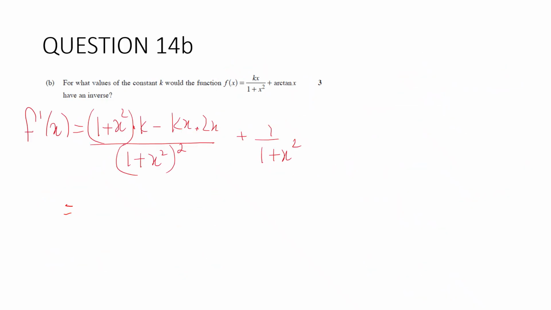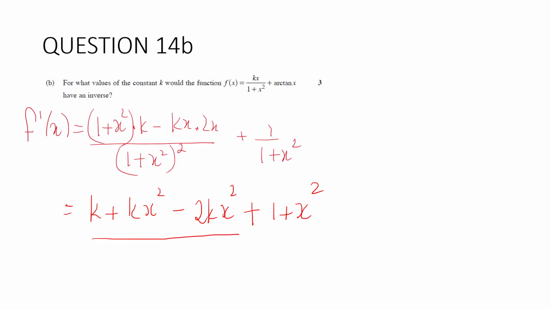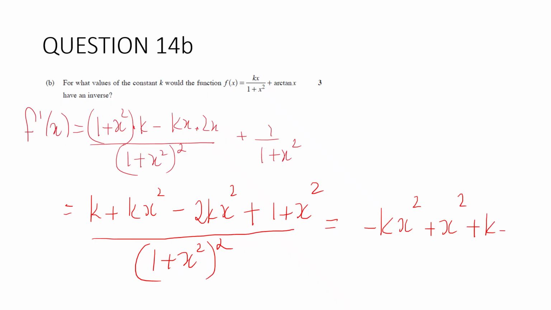We end up with k plus kx squared minus 2kx squared, and I'm going to make a common denominator, so plus 1 plus x squared all over 1 plus x squared all squared, which is equal to, what have we got here, kx squared minus 2kx squared, so that's minus kx squared plus x squared plus k plus 1 all over 1 plus x squared squared.